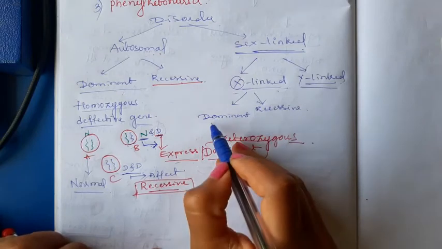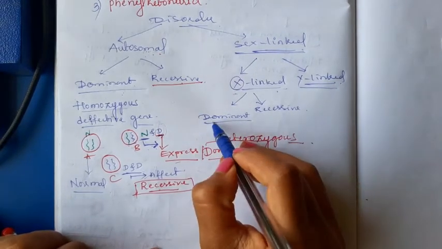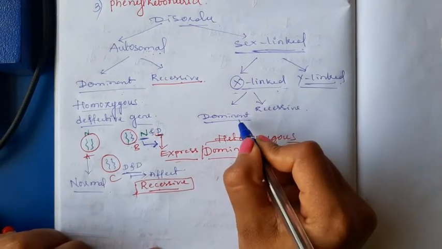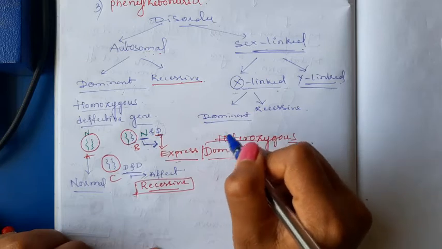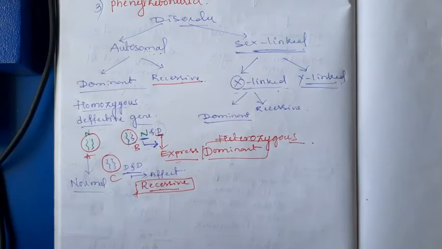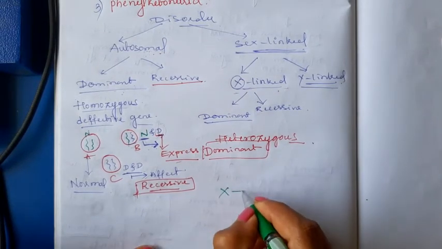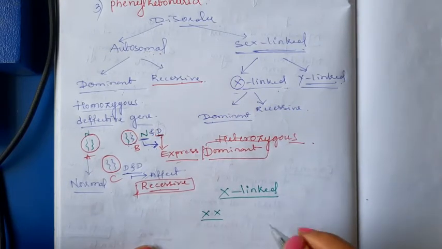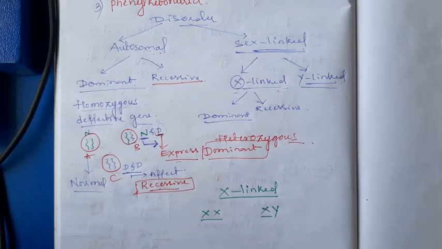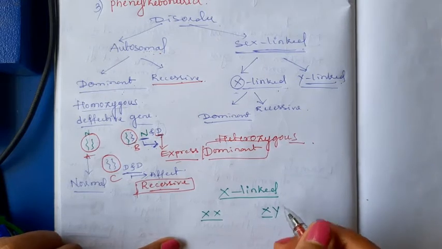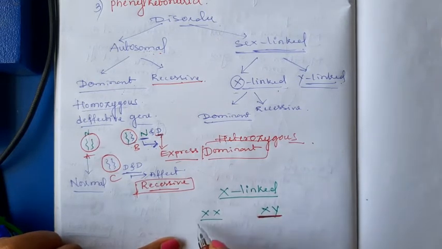When the condition is dominant, dominant X linked means only a single defective gene is going to affect the individual. In case of X linked, we have to consider, here I will write X linked, we have to consider two, male and female. The dominant condition can affect females and males.